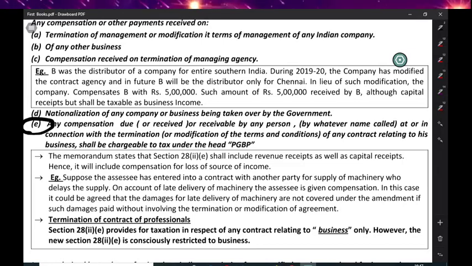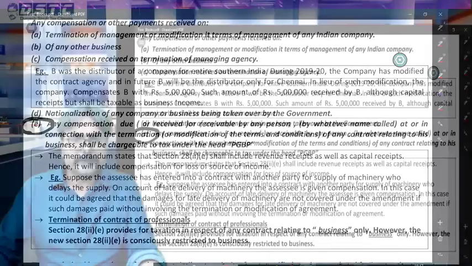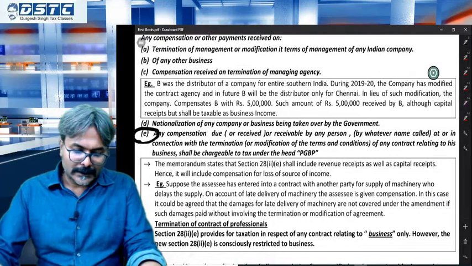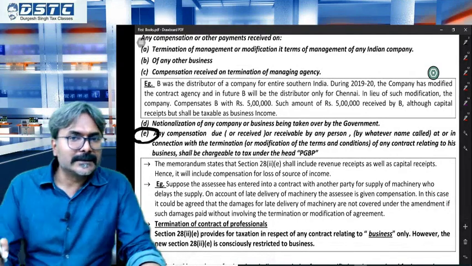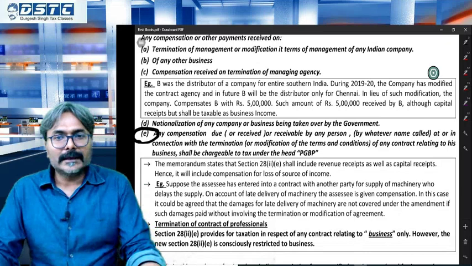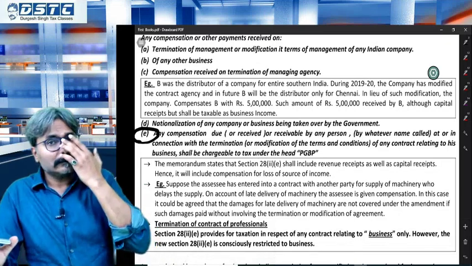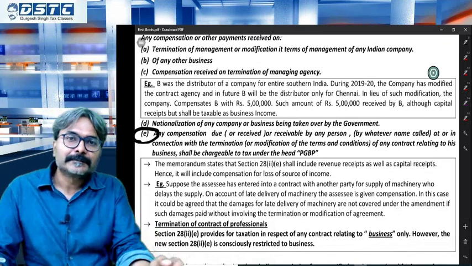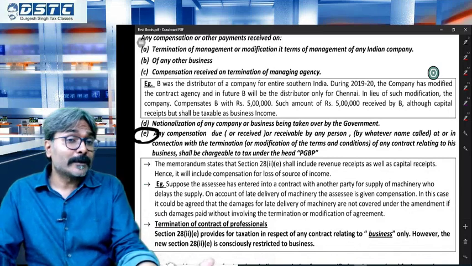Fine, students. So in this context, if you see what has been given to all of you, can I say this receipt is arising from a contract of business?